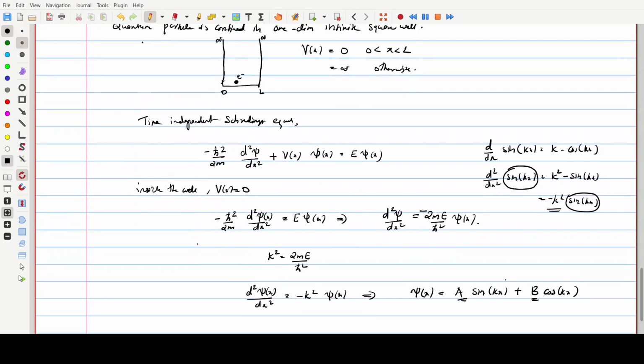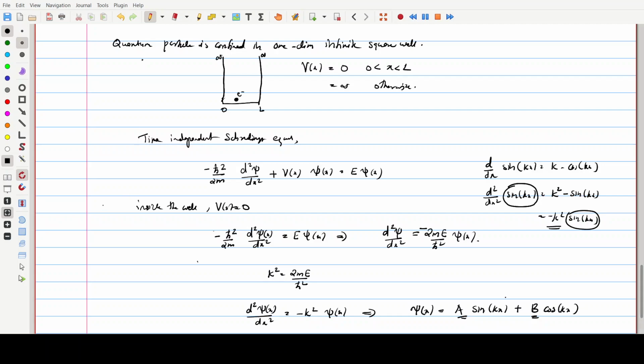So if you look at this picture, now we have found the wave function inside. Now this wave function must be zero outside, because the particle cannot penetrate or overcome this potential and reach this position. So for entire x less than 0, and for entire x greater than L, the wave function must be 0.